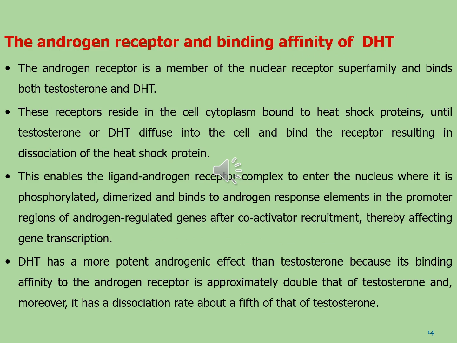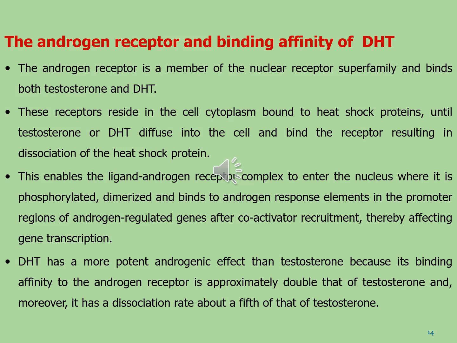Let's see the androgen receptor and its binding affinity for dihydrotestosterone. The androgen receptor is a member of the nuclear receptor superfamily and binds both testosterone and dihydrotestosterone. These receptors reside in the cell cytoplasm, bound to heat shock proteins until testosterone or DHT diffuse into the cell and bind the receptor, resulting in dissociation of the heat shock proteins.